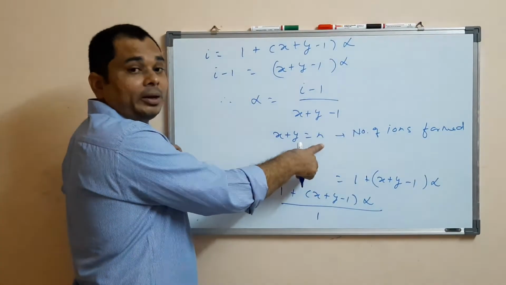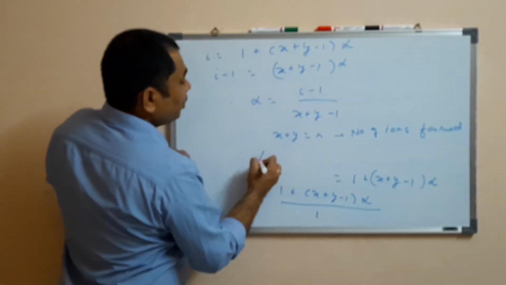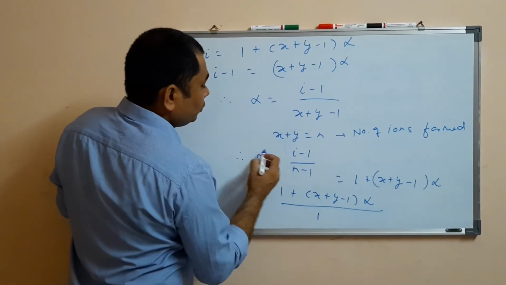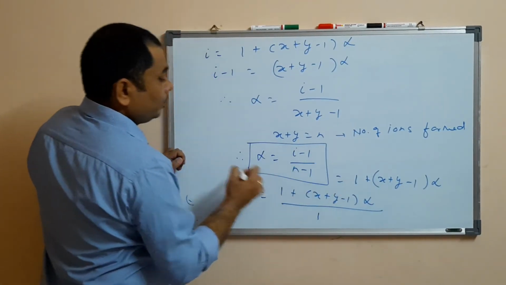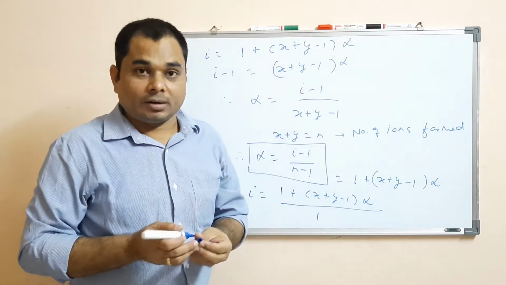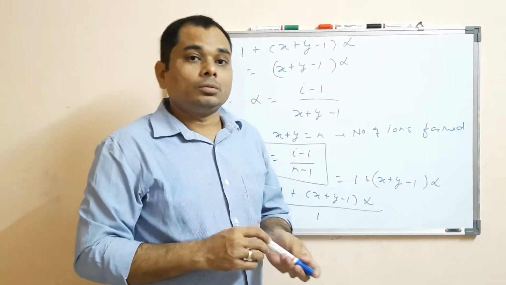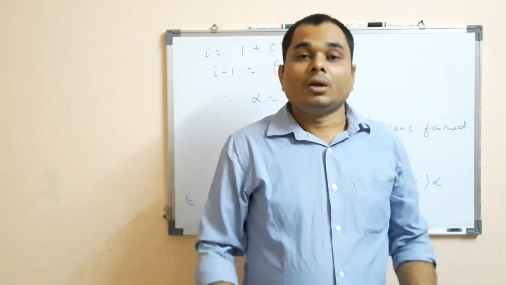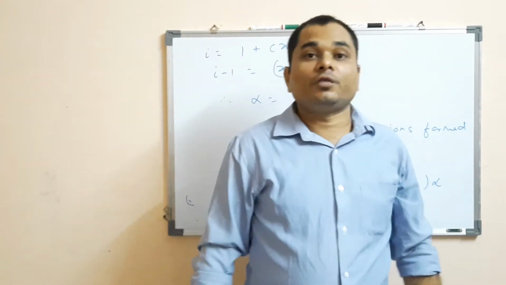So n value will be 2. Therefore from this alpha is equal to i minus 1 upon n minus 1. This is the relationship between degree of dissociation and Van't Hoff factor. Okay, so this is how we can calculate the degree of dissociation if we know Van't Hoff factor, or Van't Hoff factor if we know degree of dissociation.